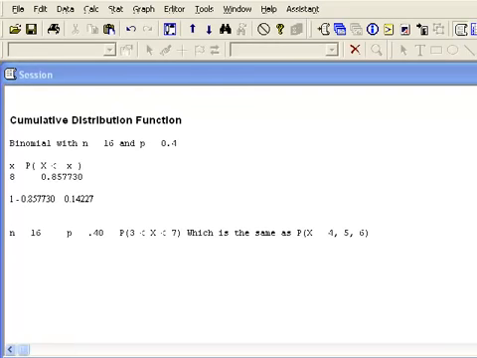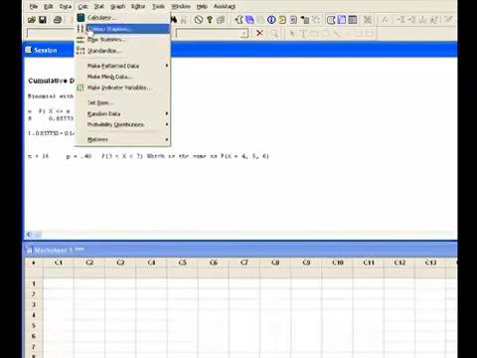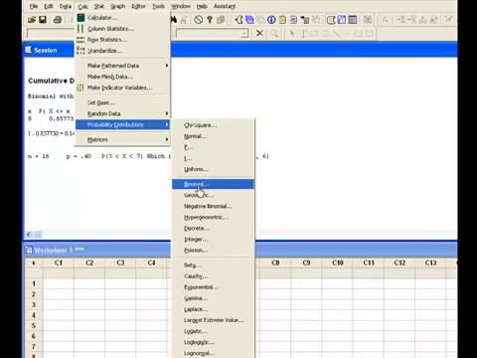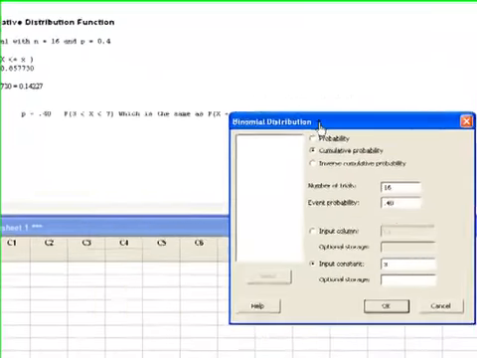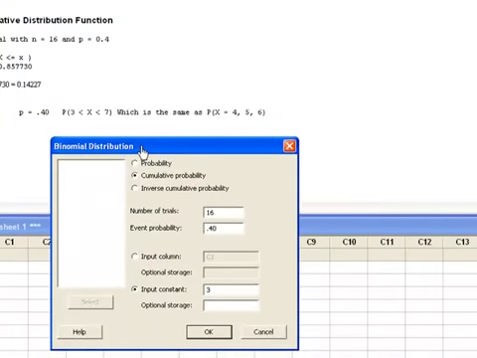Alright, this one is kind of two parts, because I want to isolate the probability that x equals 4, 5, or 6. So I'm going to come up to Calc, go back to Binomial Distributions, and use the cumulative distribution function.